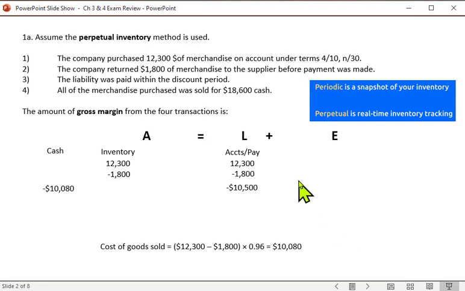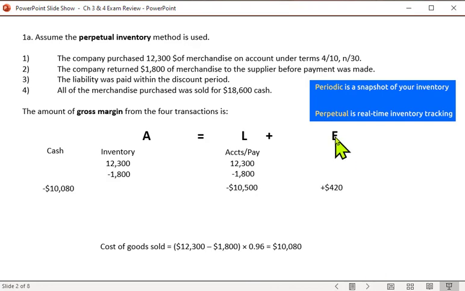And we're going to reduce the liability by the full amount, which was on the books for $10,500. So we're not in balance. We have liabilities being reduced by $10,500 on the liability equity side, but we have cash being reduced by less than that, $10,080. So to make this stay in balance, we need to do this.